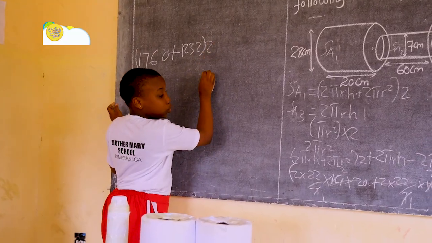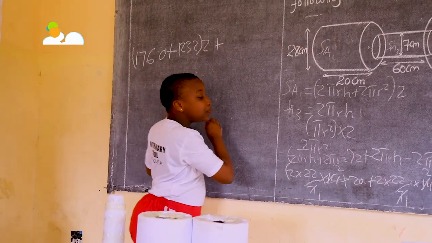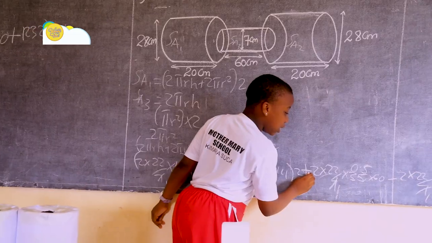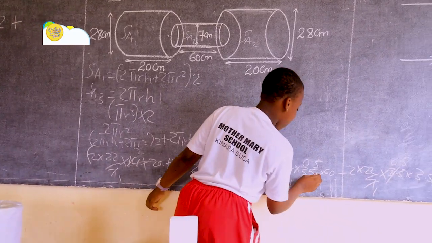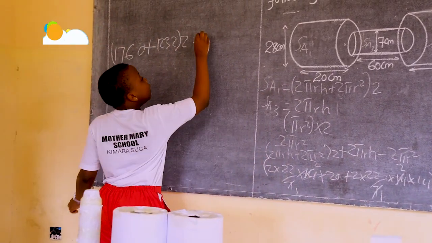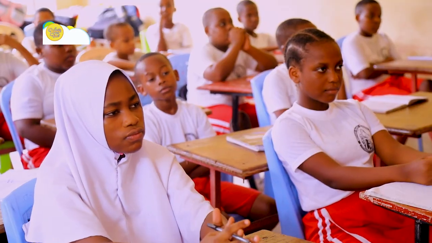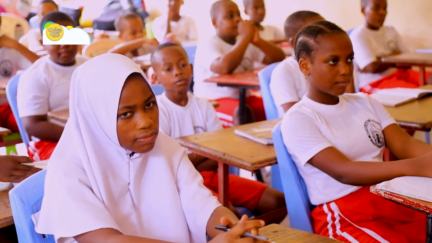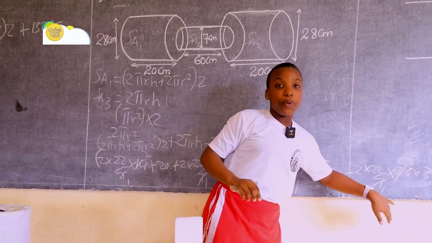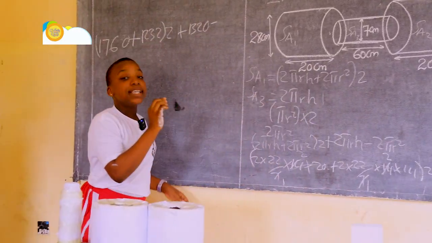Outside we have 2. Then plus, here we have 2 times 22 times 0.5, which gives 1,320, minus 2 times 22 times 0.5 times 3.5, which gives 77.